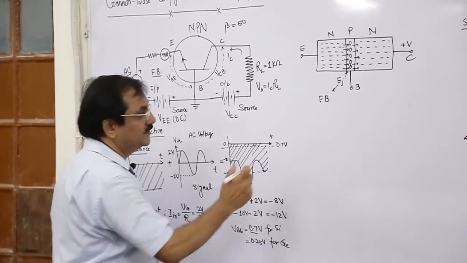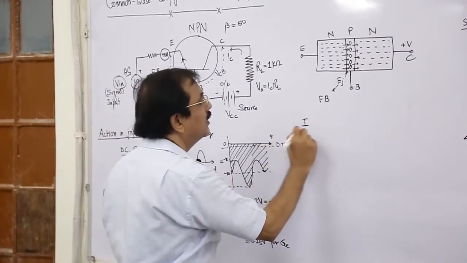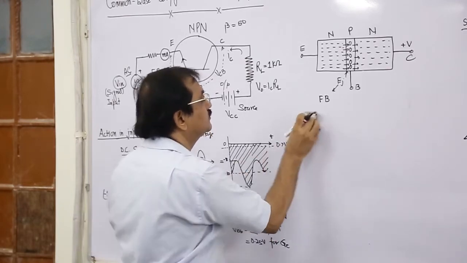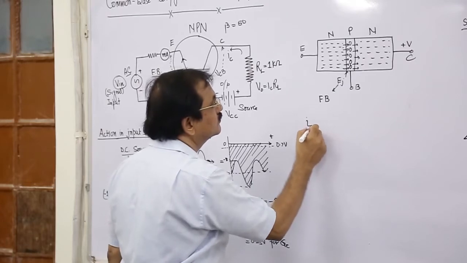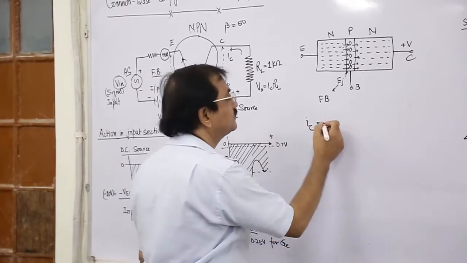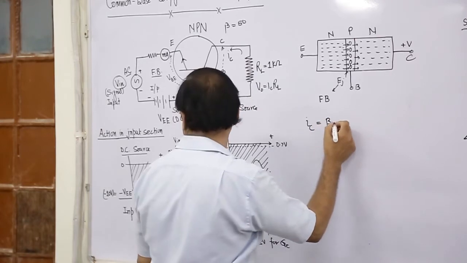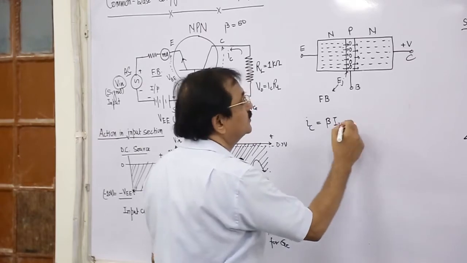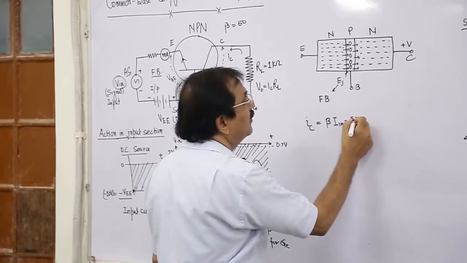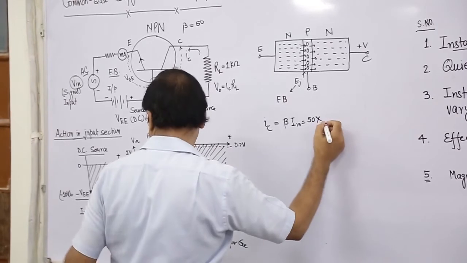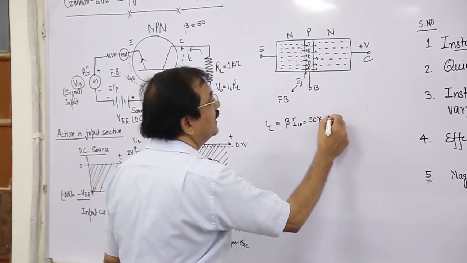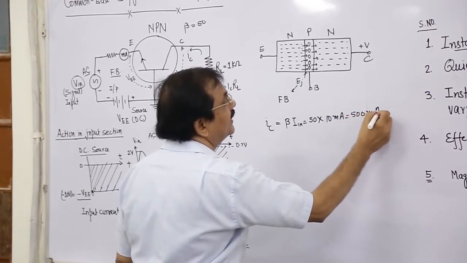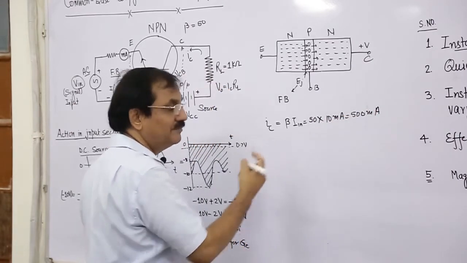So what will be the output I_C? The output I_C is beta times I_in. So it is 50 multiplied by 10 milliampere, which is 500 milliampere.